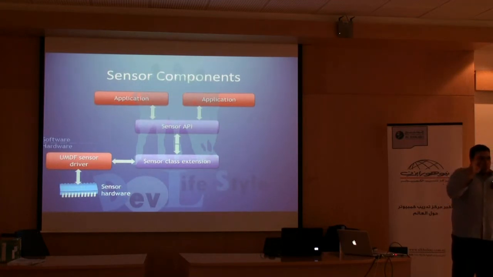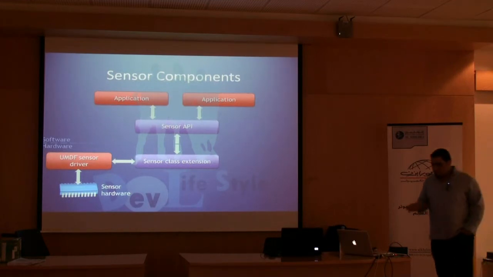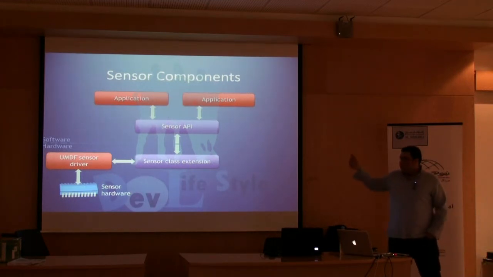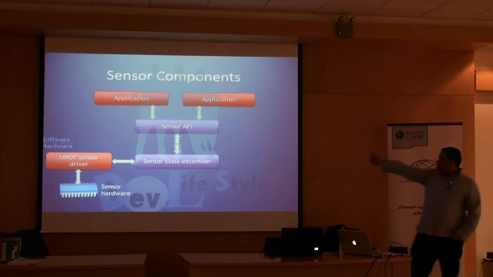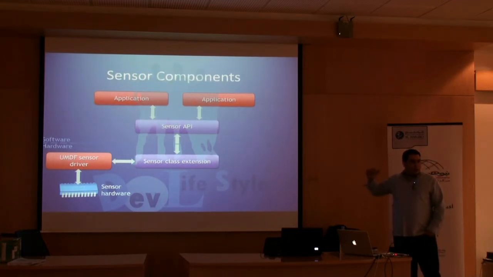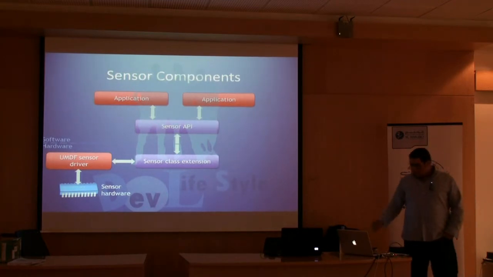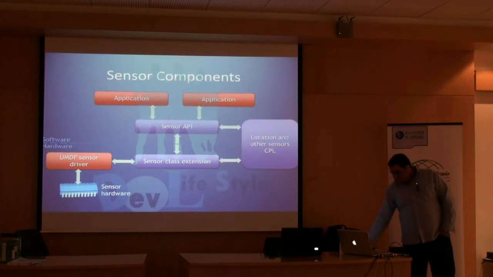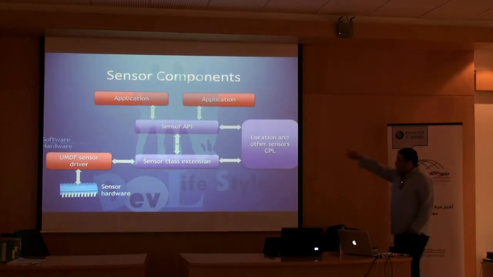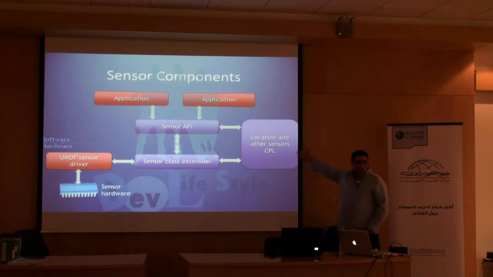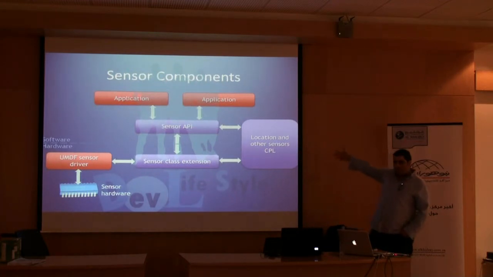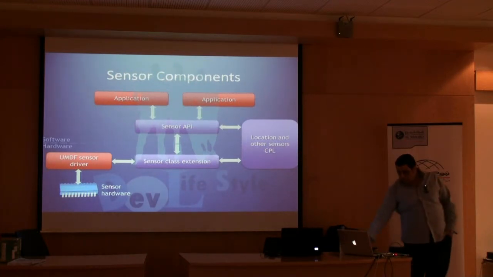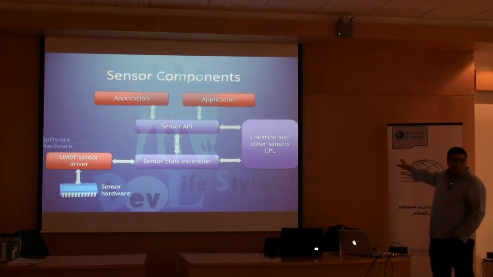You cannot use it. But here, multiple applications can access the sensor APIs. And on top of this, there is the control panel part that controls the security. So this is for sensors in general.